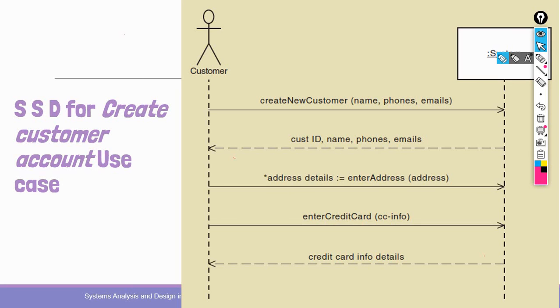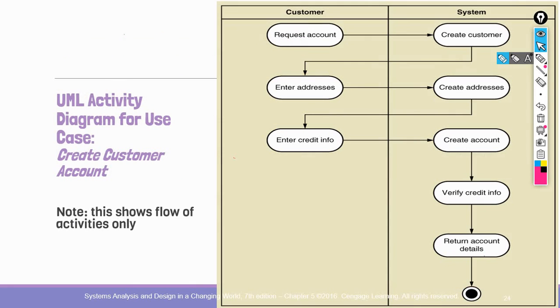There is no standard rule that when a transition arrow in the workflow goes from the system to an external actor, an output always occurs. So going back to this example, there are three arrows from the system swim lane to the customer swim lane.